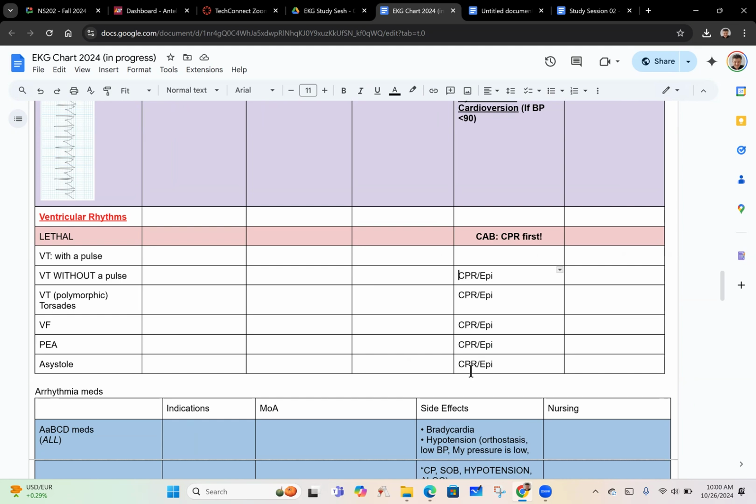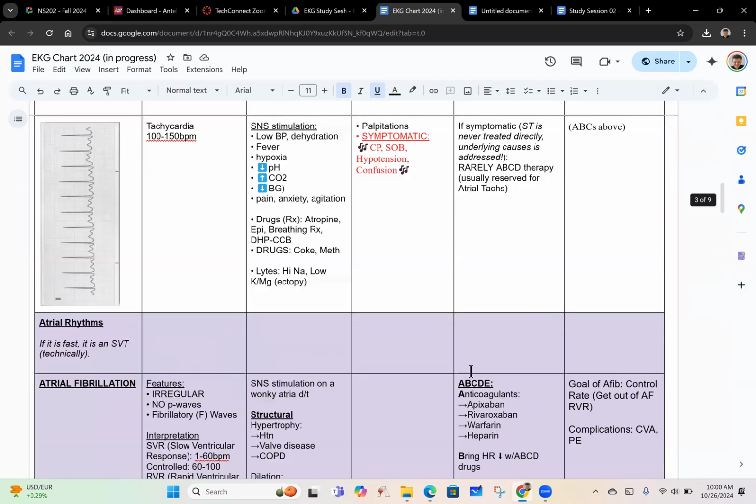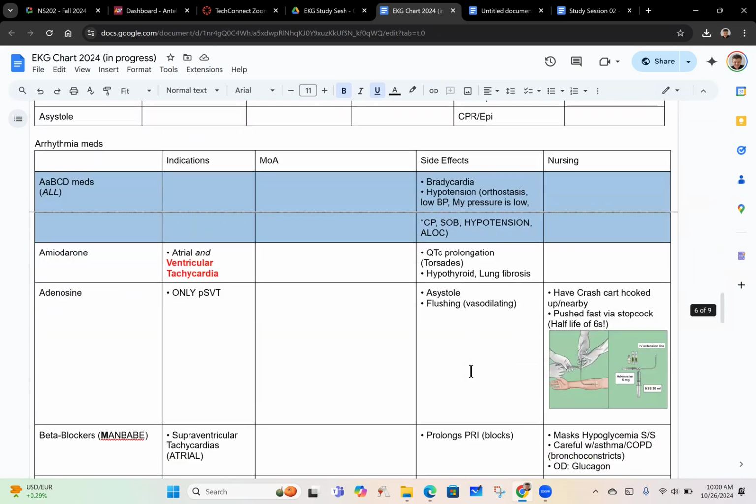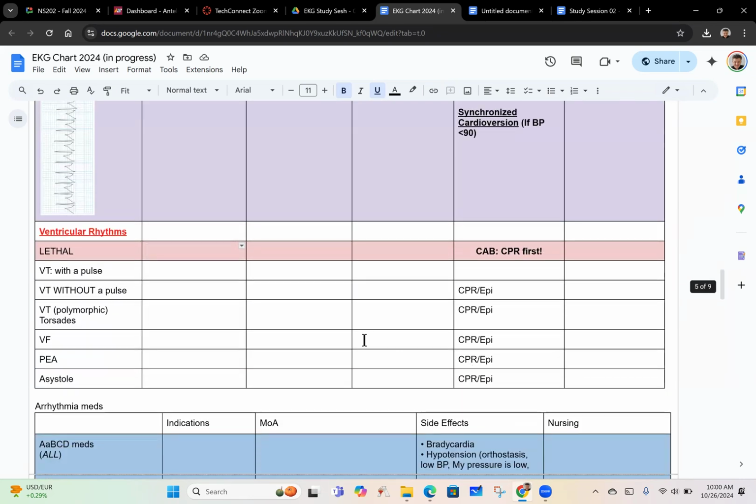So CPR, you're going to compress them until you can reverse the what? So under here, I think it's causes. That's the second column. I should try to redo that sometimes. So causes for lethal rhythms are what? H's and T's.